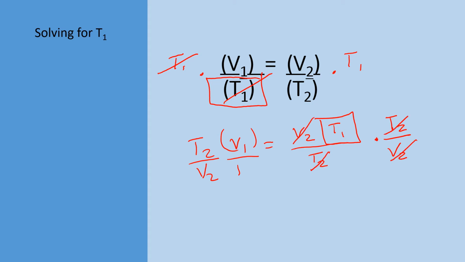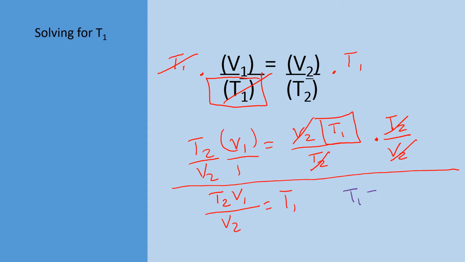So we have T2 V1 over V2 is equal to T1. So another way to write this would be T1 is equal to T2 V1 over V2.